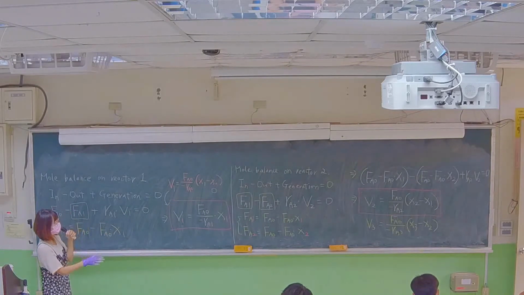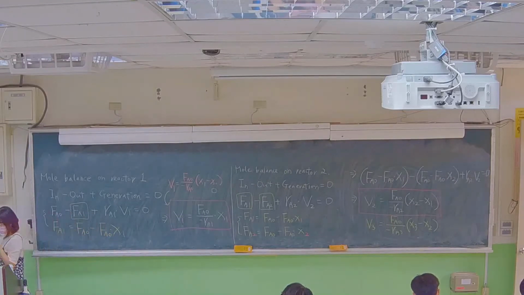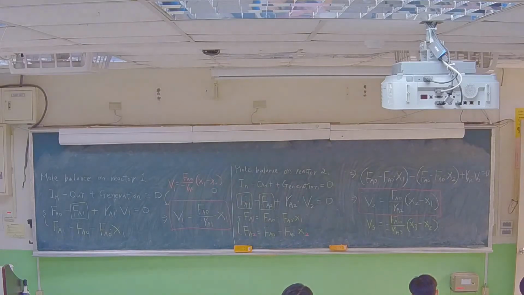You can use the same form to express the volume of the reactor in series. If you finish this one, you can go to example 225. Slide 29. Let's see one example.